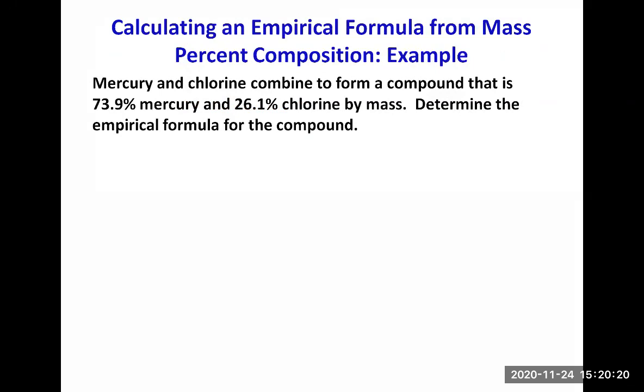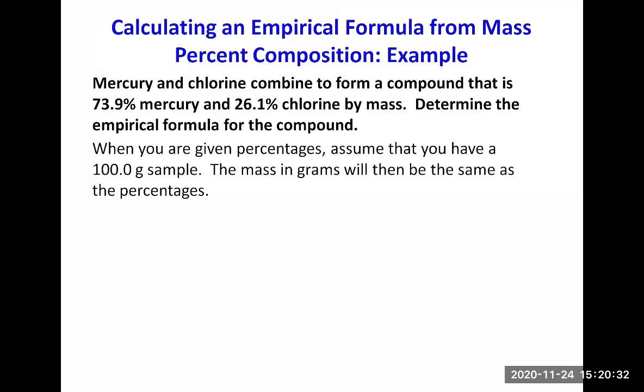So here you're not given masses per se, you're given percentages of mass percent composition. So here what you have to do is you assume that you have a 100 gram sample of the compound. So if you have 100 grams of the compound, then you take the percentages of mercury as the mass of mercury.